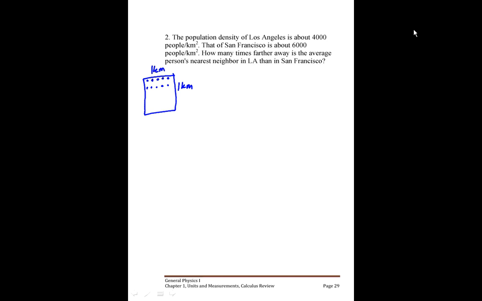All right, so I have 4,000 people. Let's do Los Angeles first, LA. So I have 4,000 people per kilometer squared. All right, people aren't really a unit, so I'll just do per kilometer squared. That means that each person occupies 1/4,000th of a square kilometer.